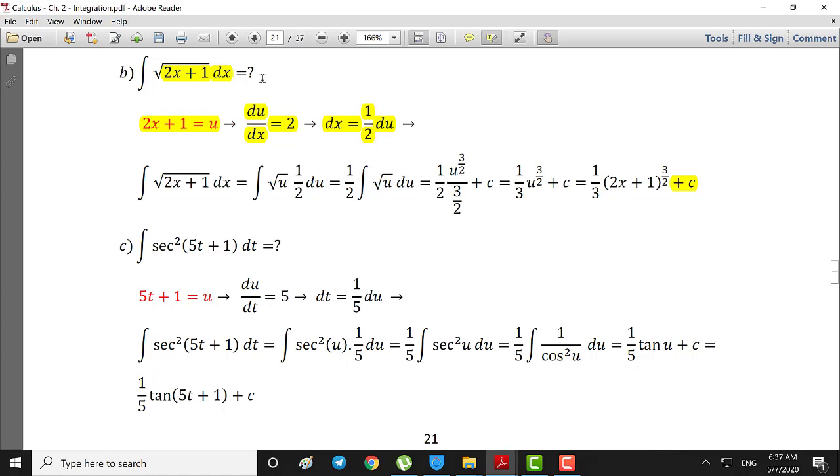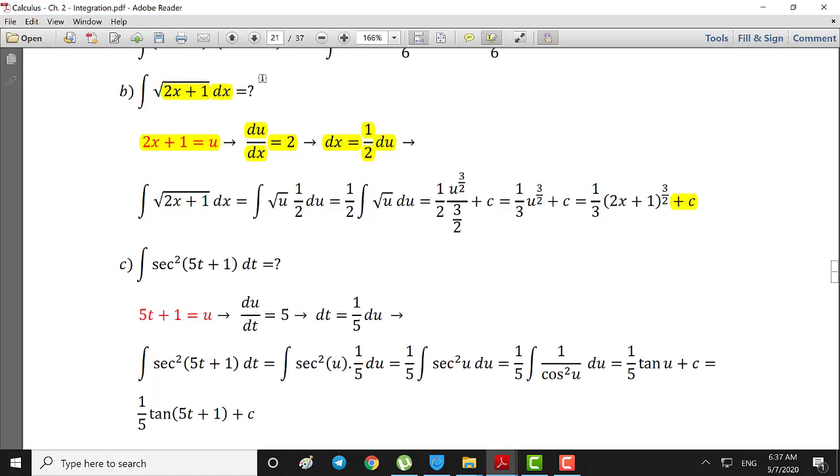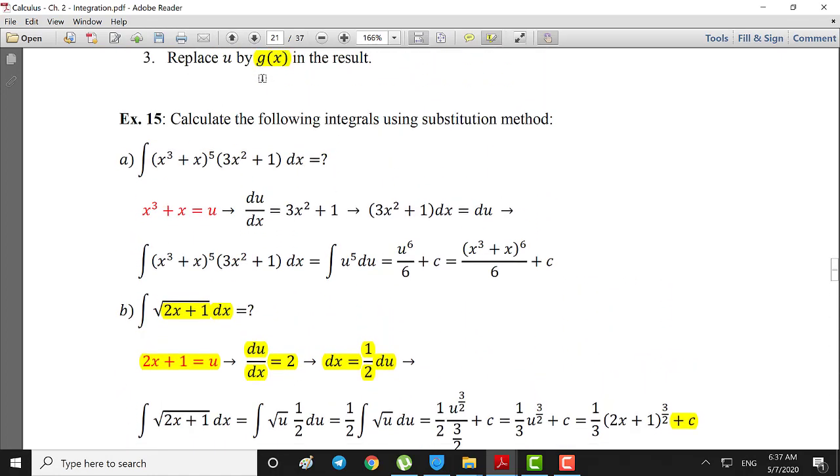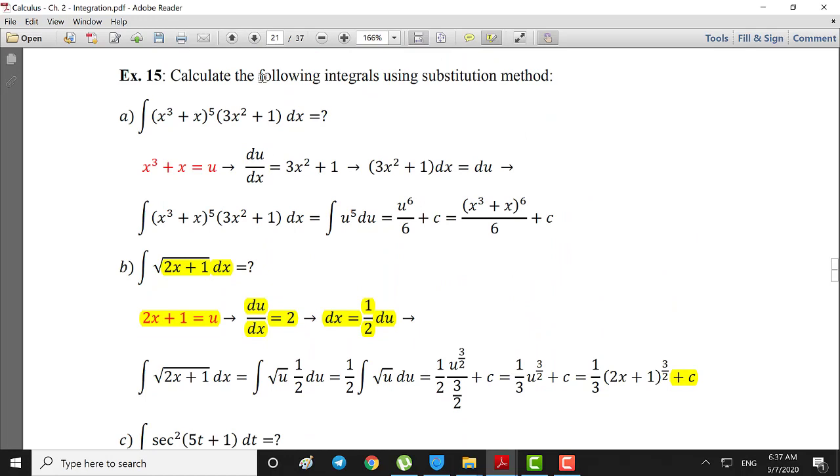And you have to be absolutely careful not to forget this plus c sign when you have an indefinite integral, right? Up to this point, in parts A and B, when we were using the substitution method to calculate the value of indefinite integrals, at the end we saw c. But if we had upper and lower limits for these integrals, then we would have definite integrals.